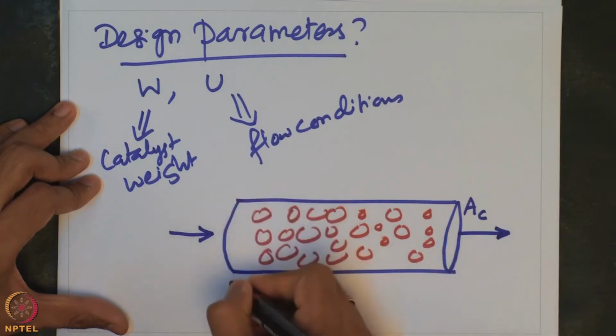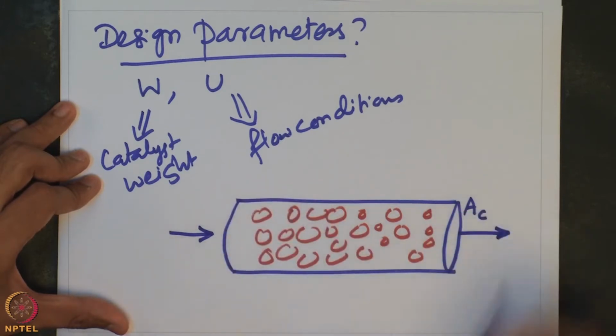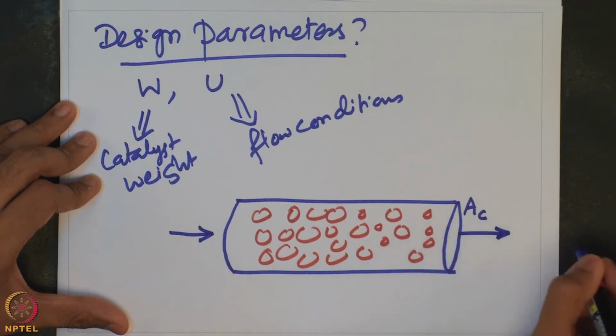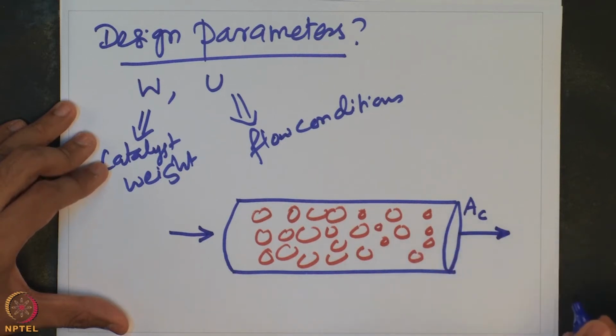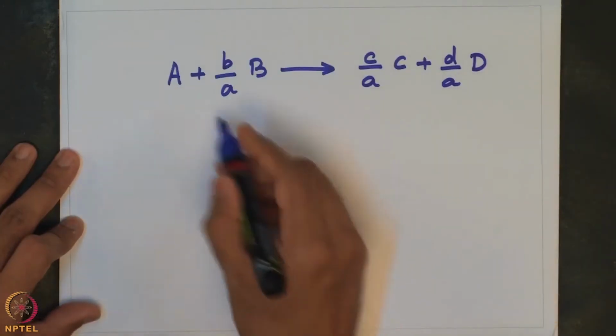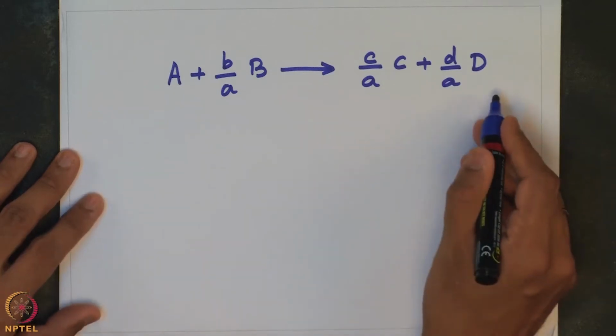Let us say that this is the entry to the reactor and this is the exit of the reactor where the fluid stream is leaving the reactor. That is the stoichiometric equation that we used for designing this particular packed bed reactor.